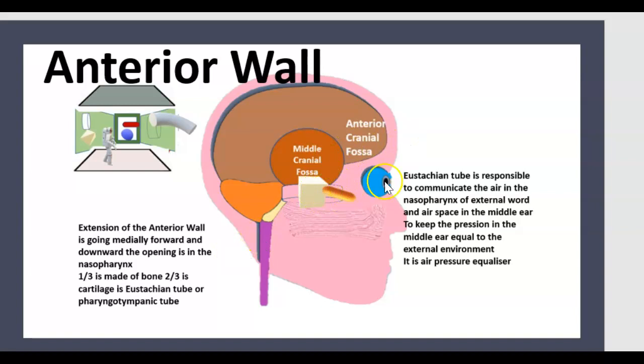The anterior wall, the Eustachian tube, is responsible for communicating the air from the nasopharynx and the external world with the air space in the middle ear, to keep the pressure in the middle ear equal to the external environment. It is an air pressure equalizer.